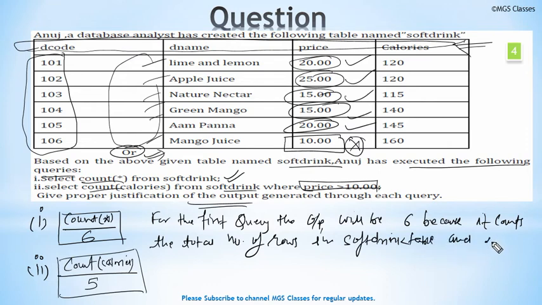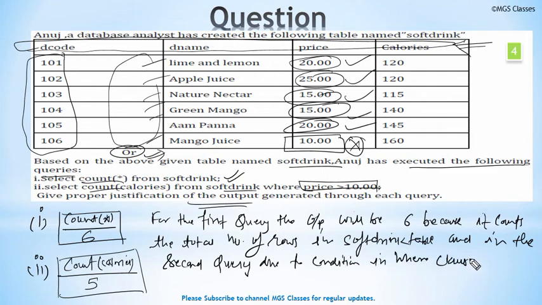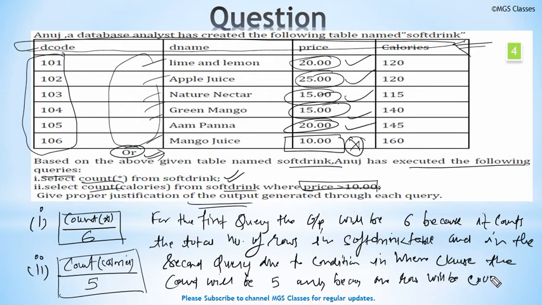And in the second query, due to the condition in the where clause, the count will be 5 only because one row will be excluded as its price is not greater than 10.